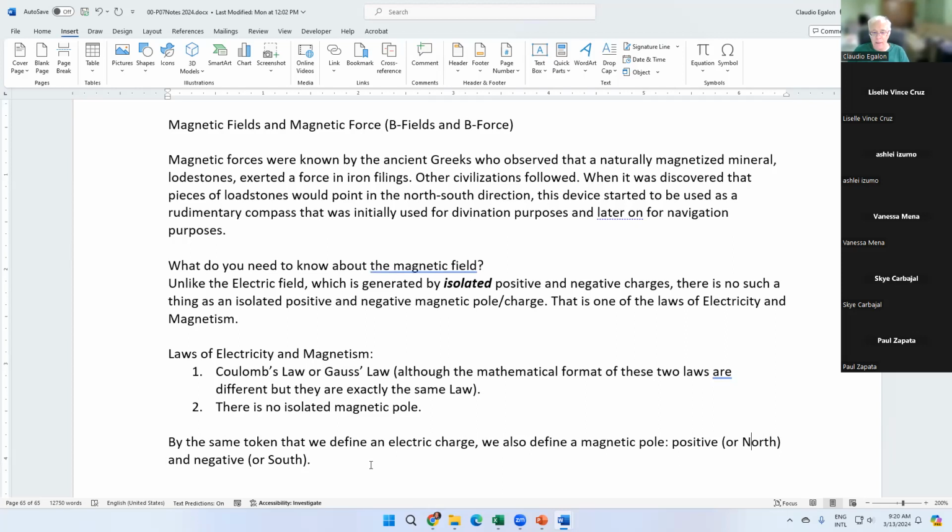But very important, according to this new law, the north and south pole do not occur in isolation in nature. We never observed that.